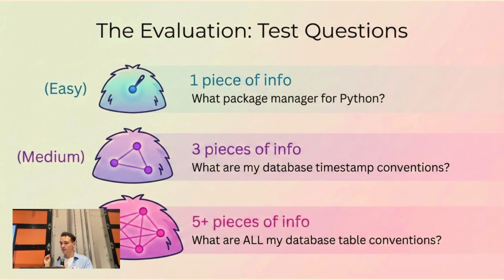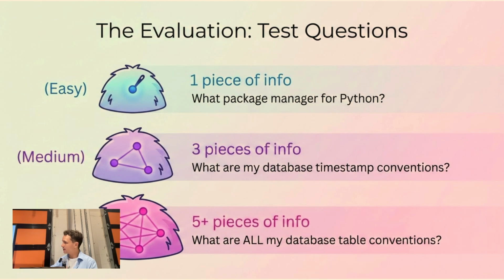And now the actual evaluation test questions. I made 3 categories: an easy category, a medium category, and a hard category. The contest is going to be about who can get the highest accuracy on the hard category, so I'm excited to see what you can do.